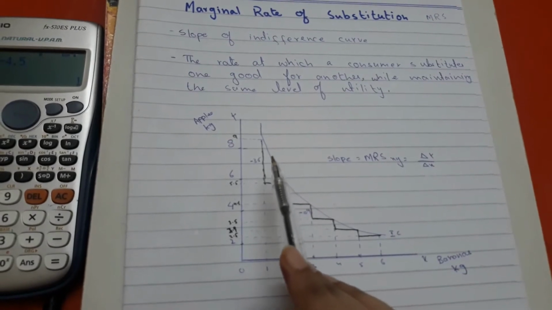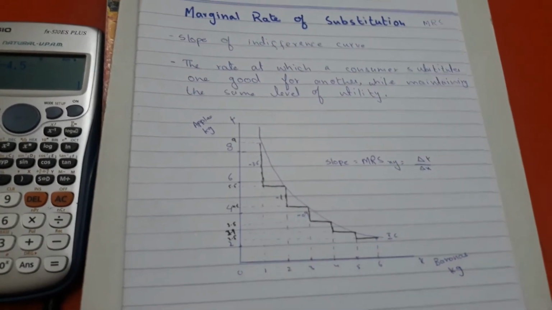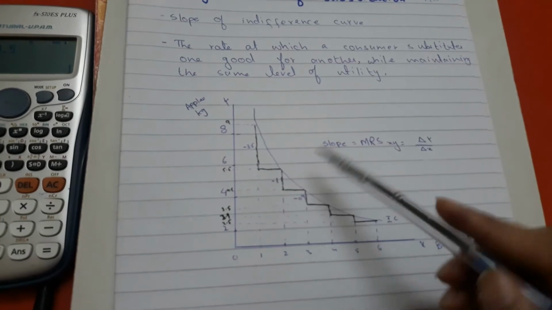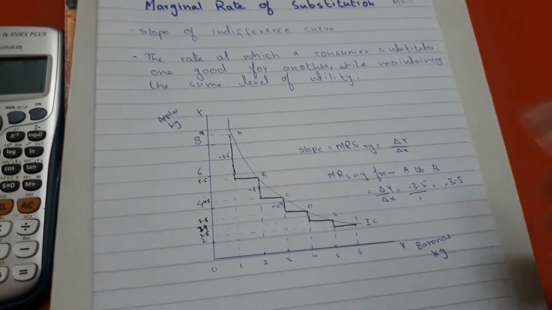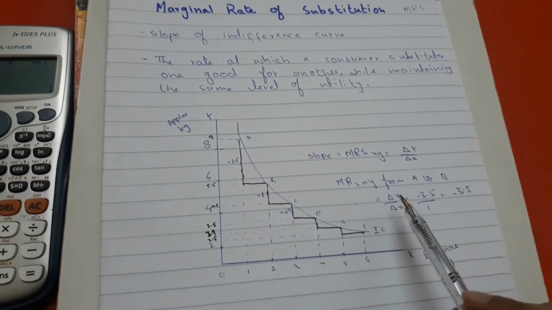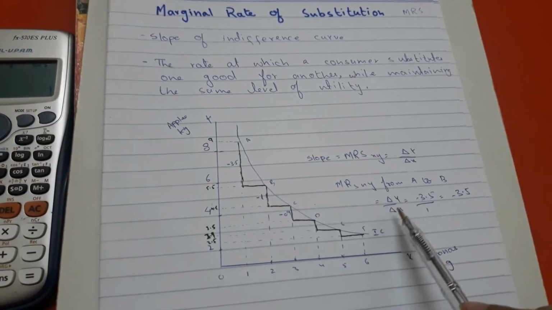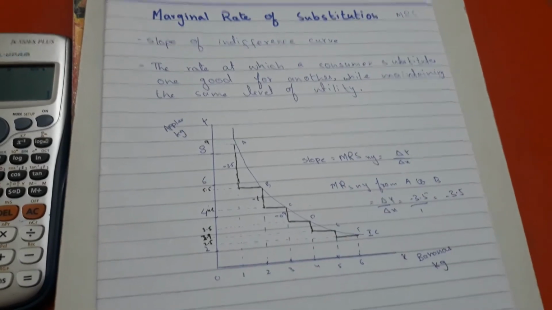As it slopes downwards, the MRS diminishes. So this is how it is calculated: change in good Y divided by change in good X.